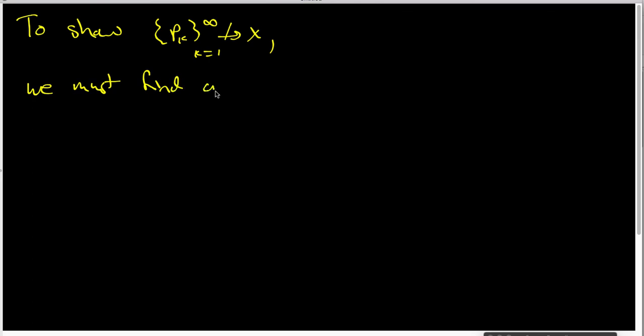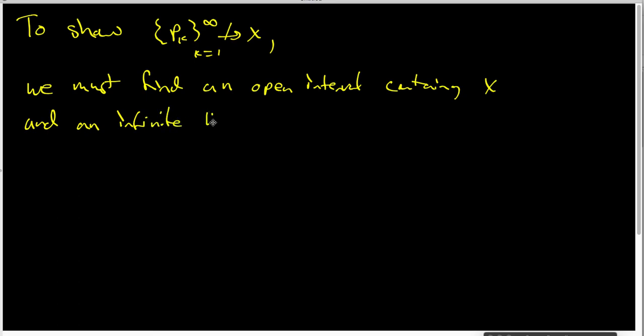To show that a sequence does not converge to x, we must find an open interval S containing x such that an infinite number of terms of the sequence are not in the open interval S. And that's all that we have to do to prove that a sequence does not converge to x.